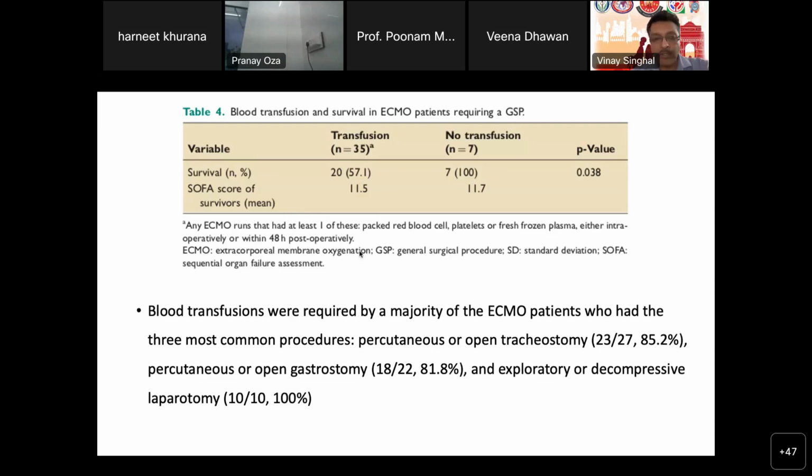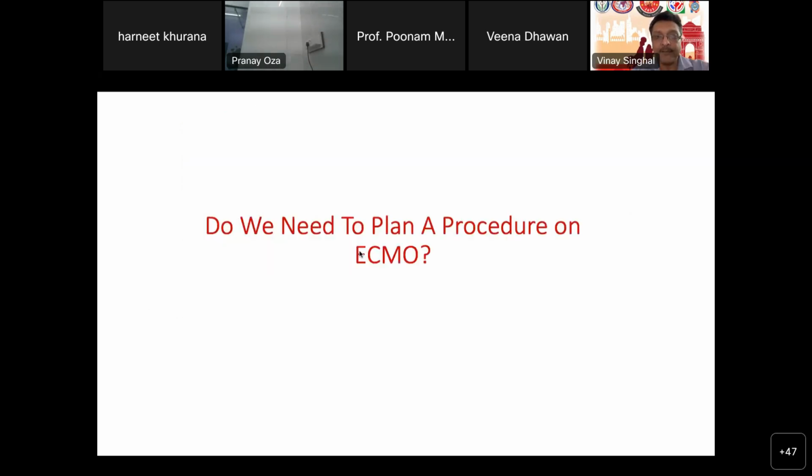More general surgical procedures means more need for blood transfusion. Despite the initial SOFA scores of the survivors being almost the same, mortality was higher in the group who required more transfusion.